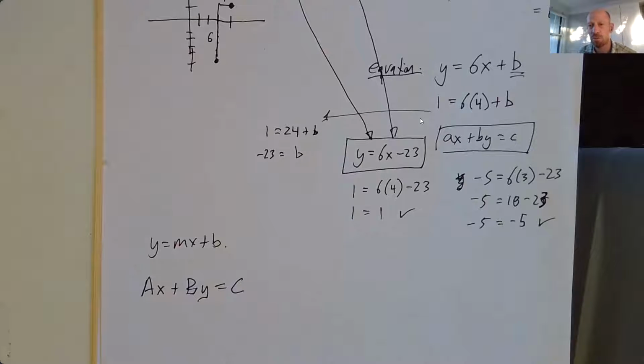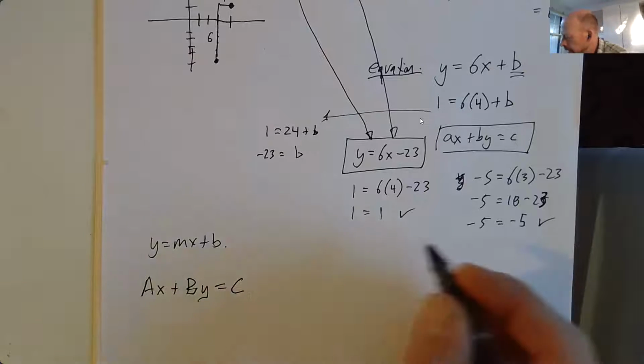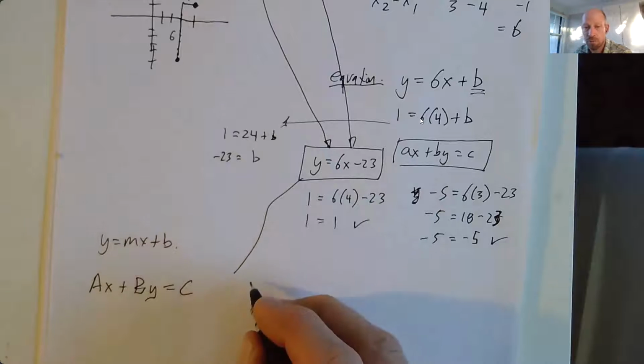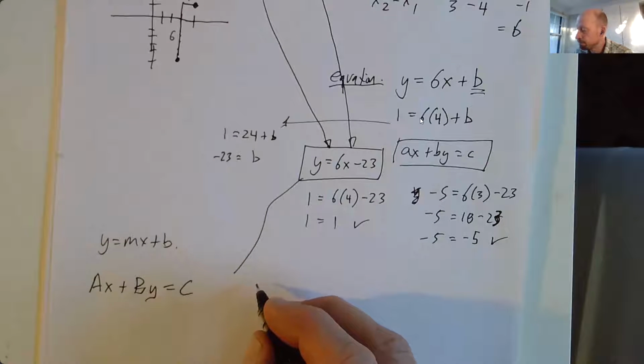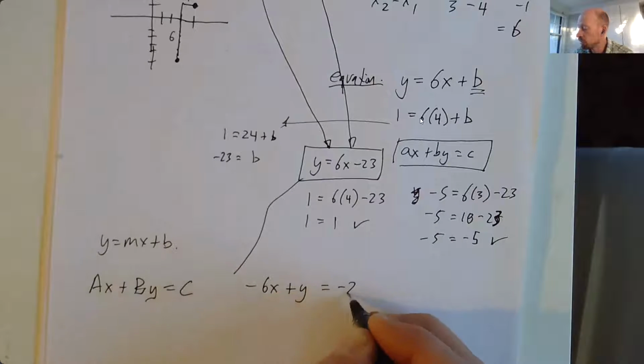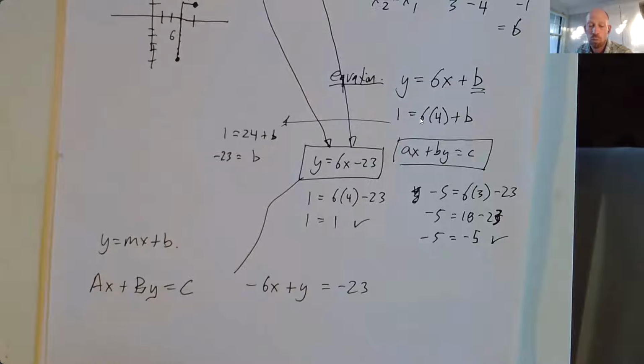All it is, we just want to rearrange our equation and put the x's and the y's on one side. So for our equation, the easiest way would be to move the 6x over. Minus 6x plus y equals minus 23. In this ax plus by equals c form, we also assume a, b, and c are going to be integers, so no fractions.